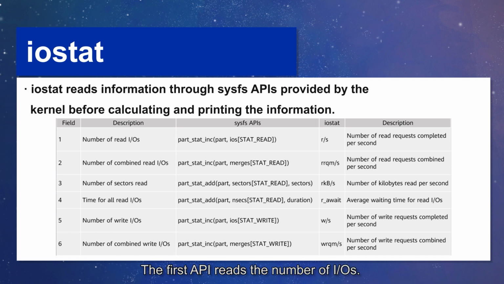The first API reads the number of I/Os. By calling it, IOstat outputs the number of read requests processed per second. The second API reads the number of combined I/O requests, and by calling it, IOstat outputs the number of read requests combined per second. In this way, IOstat obtains the listed information from the kernel as required.